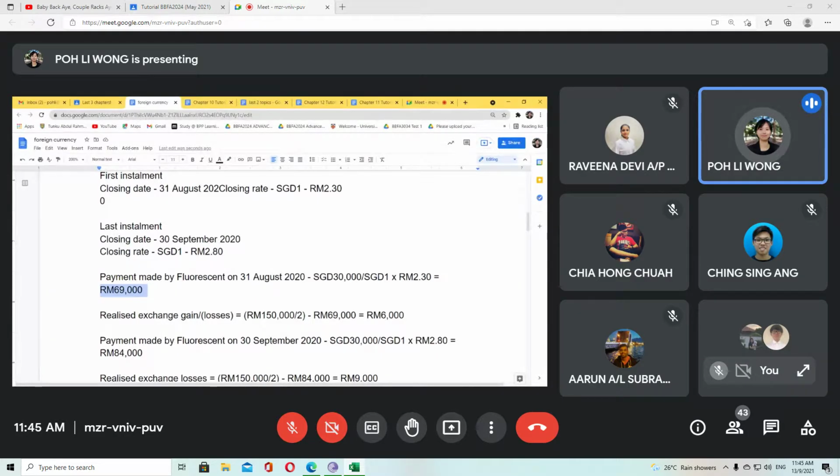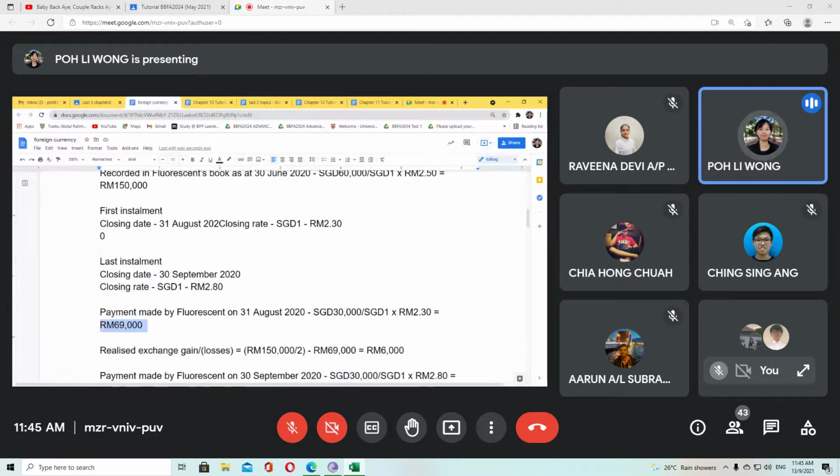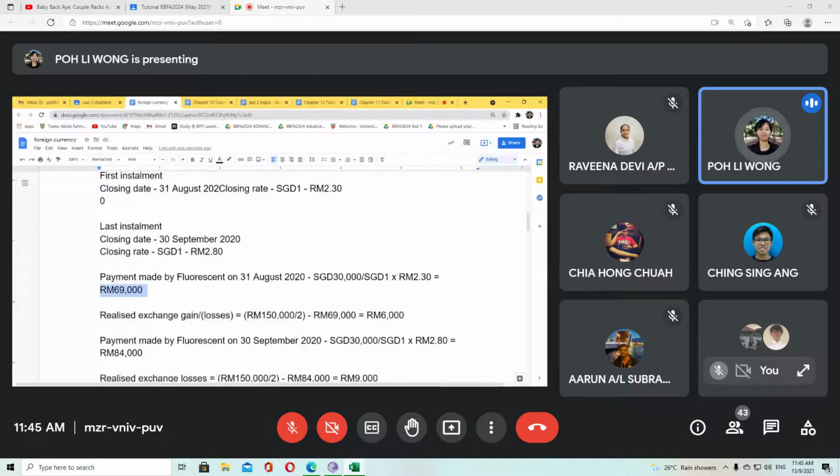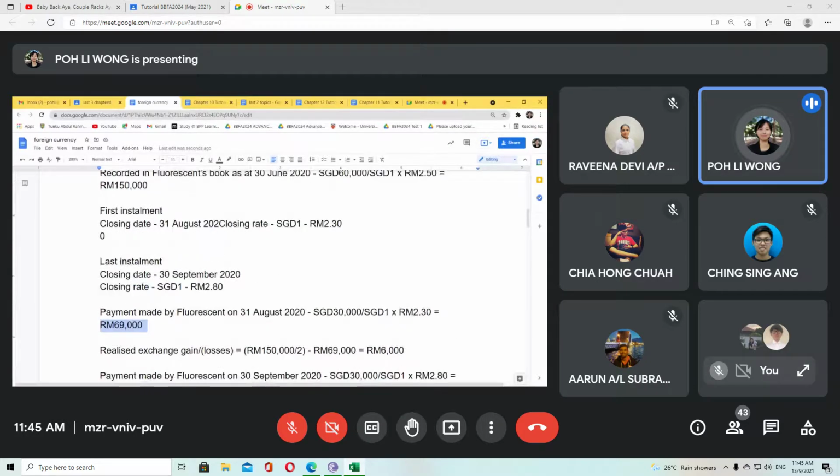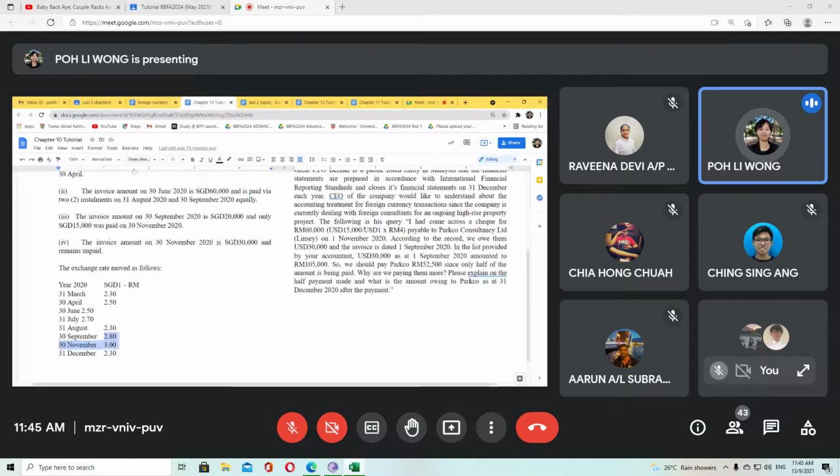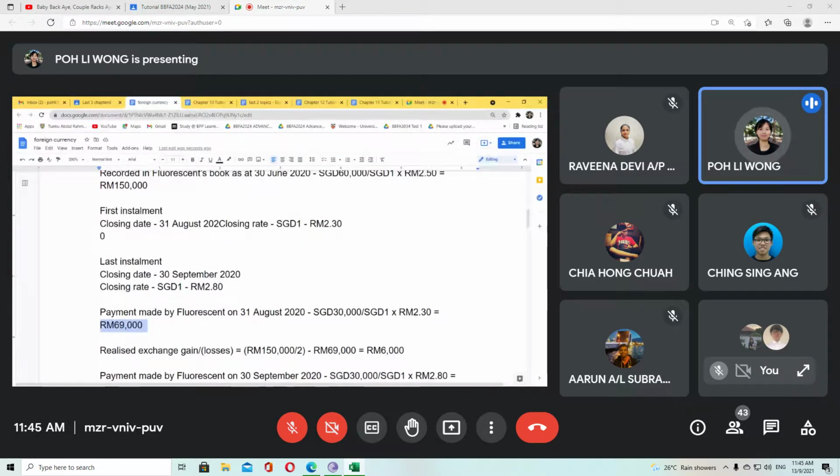Okay, realized exchange gain or loss. Basically here, since we are unable to identify whether it's a gain or loss, we will have to calculate first, then only we are able to know. So here, 150,000, they have mentioned that 150,000 will be paid via 2 installments, so divided by 2, it's 75,000.